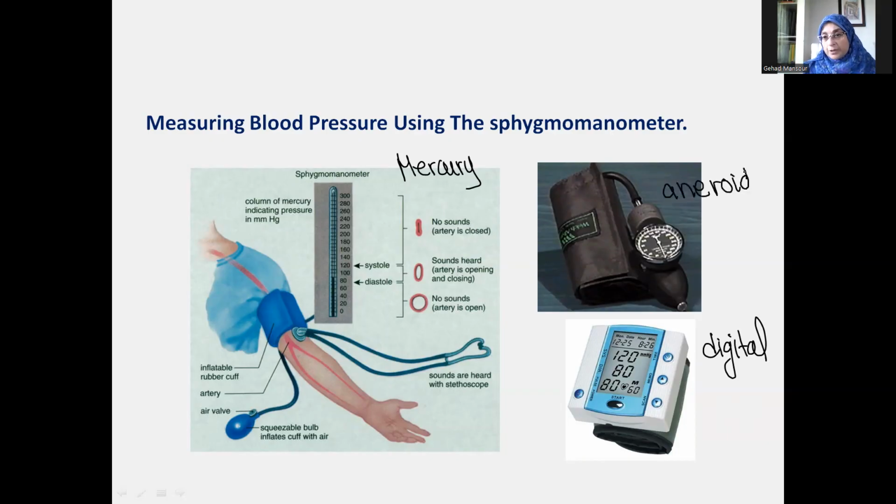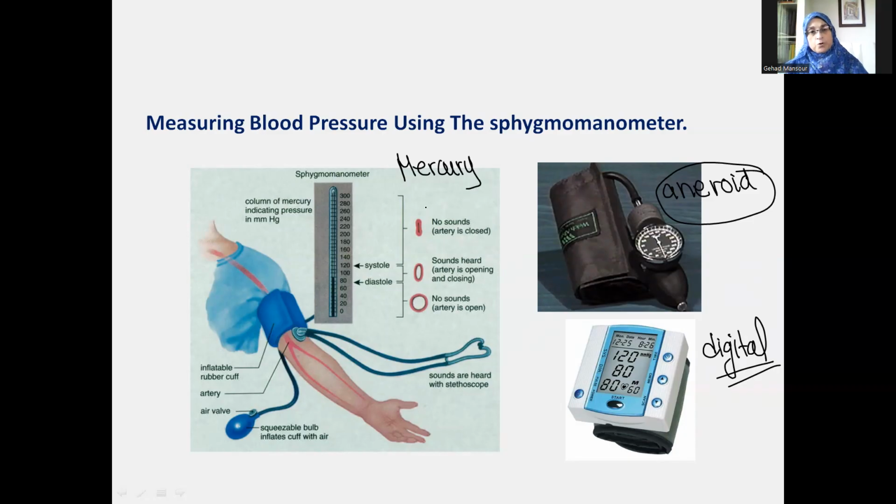Actually, what needs calibration every now and then is the aneroid. You calibrate it with the mercury, but the digital is good and does not need calibration, but it depends upon the type of the digital sphygmomanometer and how good it is, because it might be inaccurate from the very beginning.